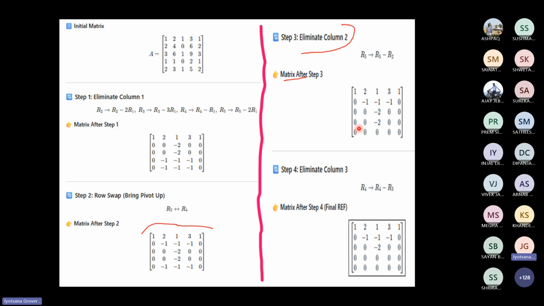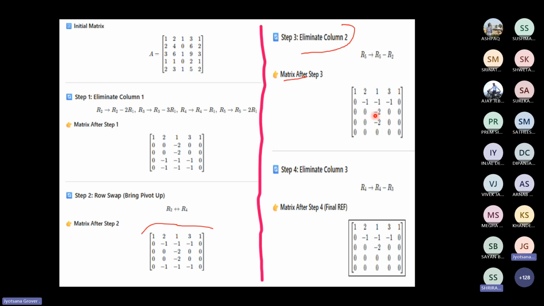Okay. Now tell me, what should I do? Now we look at row 2 is sorted, row 1 is sorted, the leading entries of row 2 and row 1 are sorted. Our task is to make the entries below the leading entry 0. See, these are all entries you have made 0. Now the entries in the third column should be 0 here.